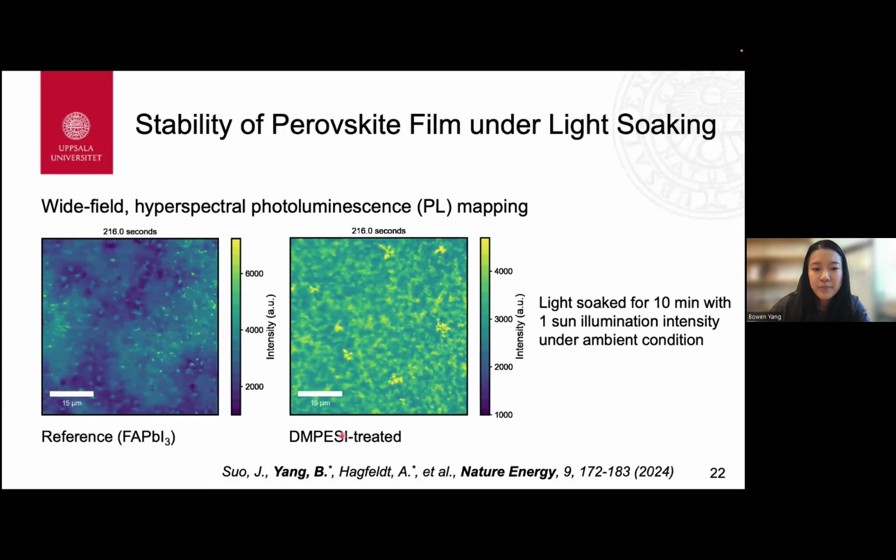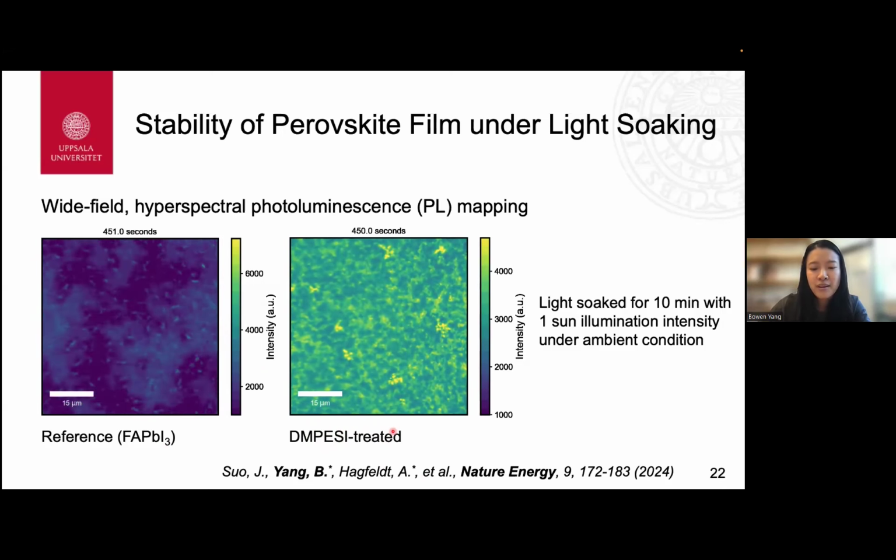However, the DMPSI treated film remains very stable. It shows negligible changes in PL intensity. So this indicates that our surface treatment has turned an intrinsically very unstable material into a much more stable one, especially under light soaking in ambient condition.